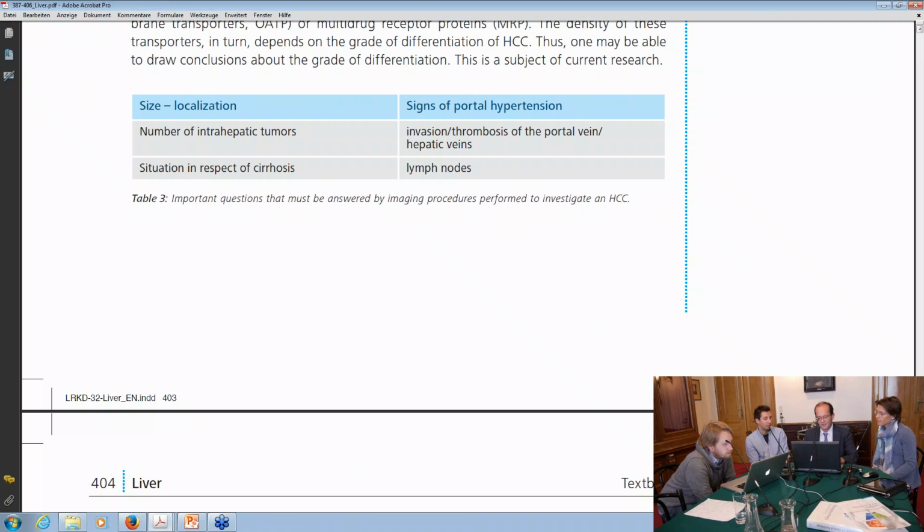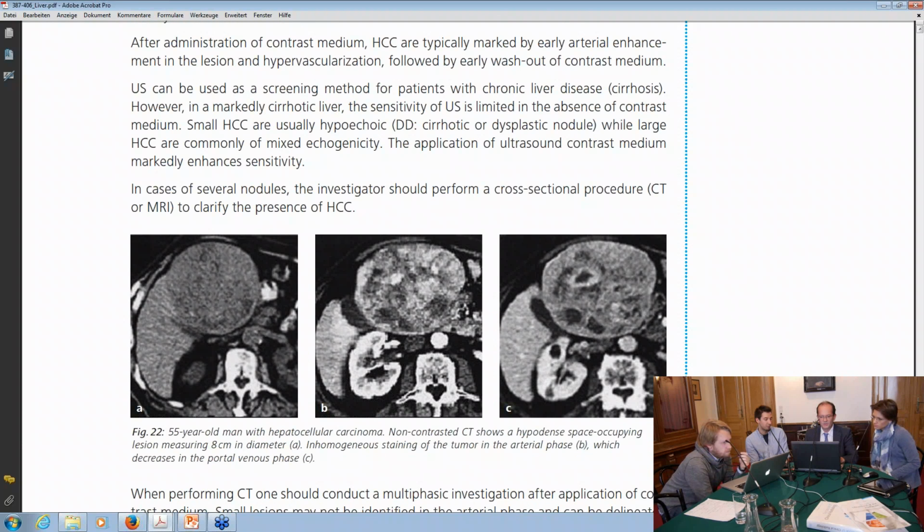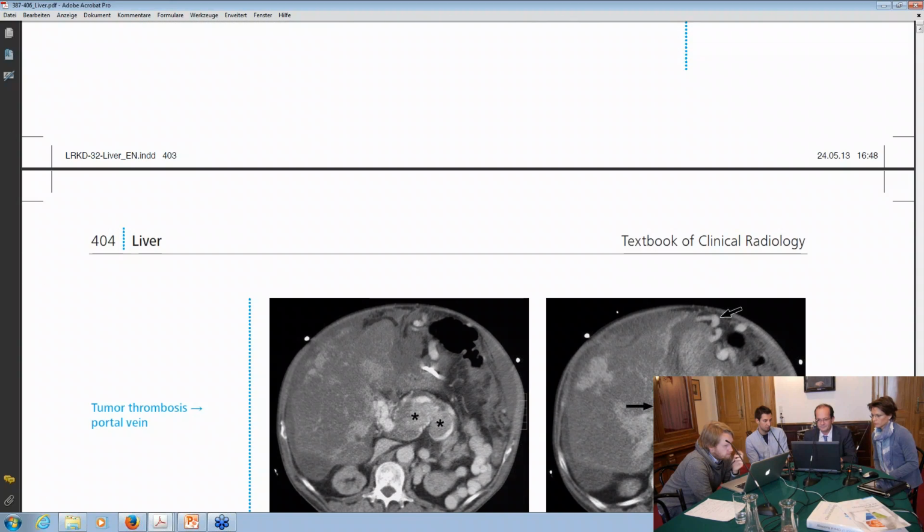This tumor we just have seen, this huge hepatocellular carcinoma, we see it in sonography. It looks of course different, but as well it would be a big mass, inhomogeneous, of mixed densities, and immediately go for MRI or CT workup.